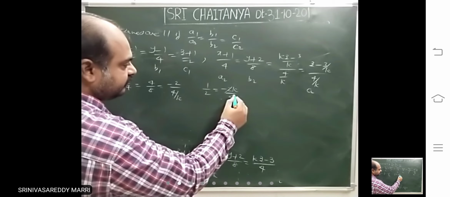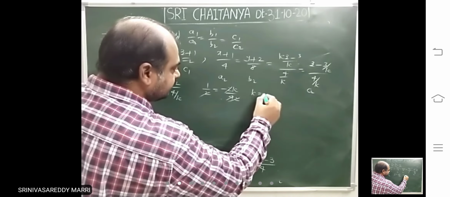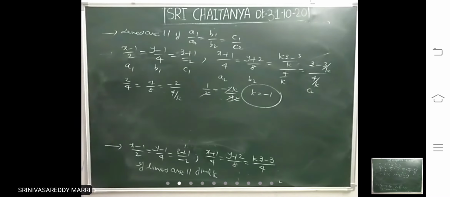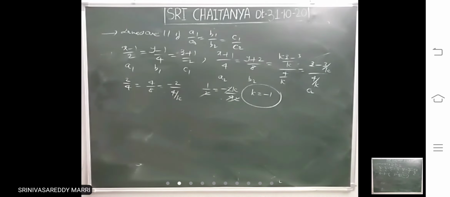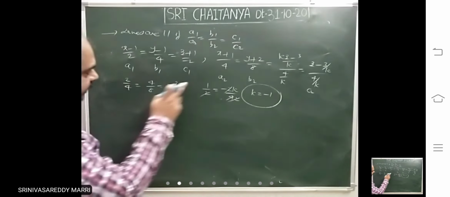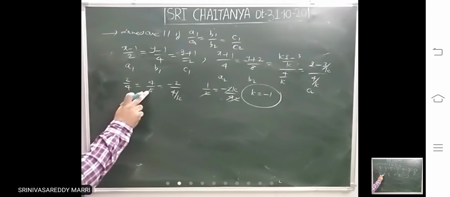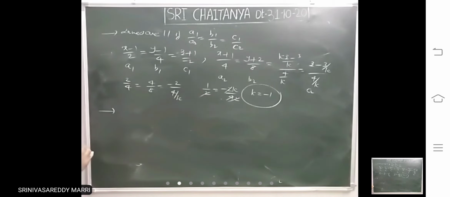So 2 ones, 2 twos, this two will get cancelled. Therefore, k equals -1. So parallel means just lines in standard form, and A1 by A2 equal to B1 by B2 equal to C1 by C2.